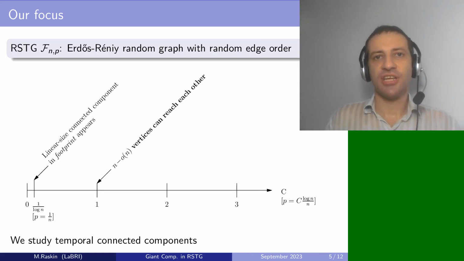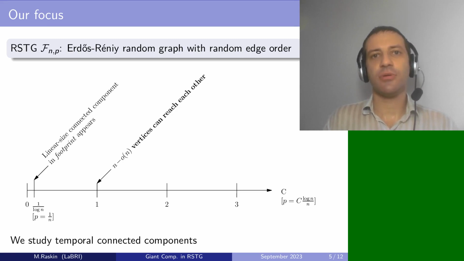For context, in the static case, or you can say for the footprint, so for the set of the edges present in the temporal graph, at the density p equal to 1 over n, we already have a linear size connected component arising.